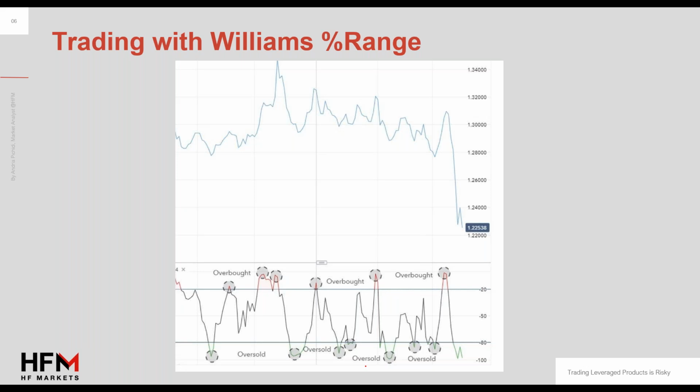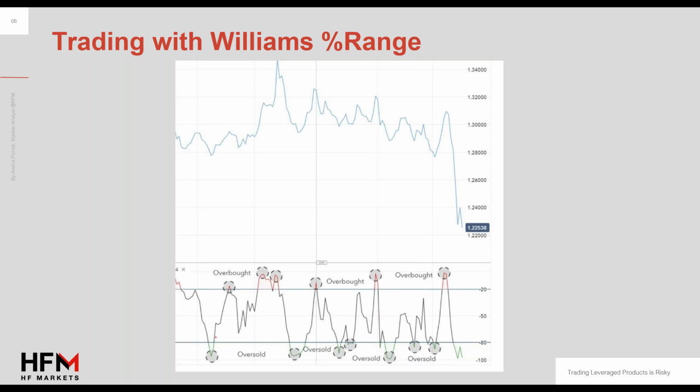You can also consider holding a position until the Williams indicator moves above minus 20, because this is a sign that it is overbought. That's a nice sign that you can close your existing long position.